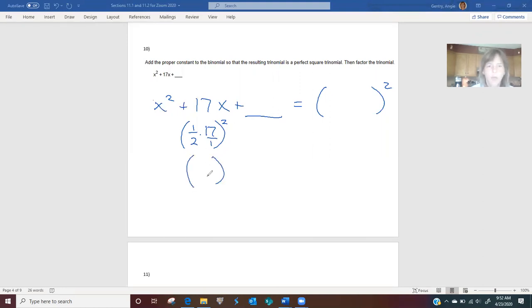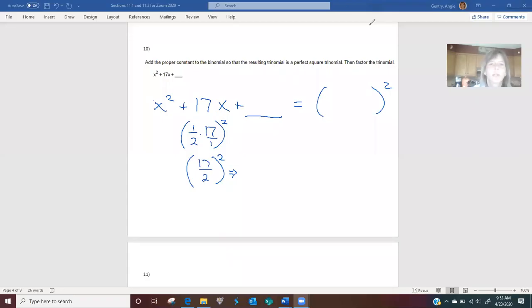Now what is the inside? So we work our way down here and we have 17 halves. Do you see how the inside is 17 halves? What would come out of that? What is 17 squared? I'm going to pause for a second.